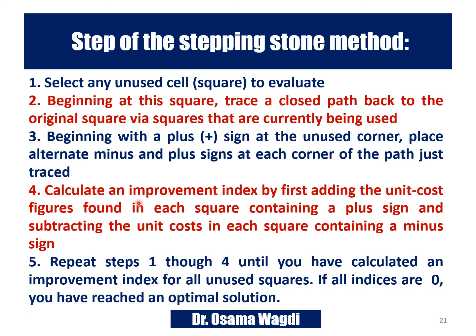Calculate an improvement index by first adding the unit cost figures found in each square containing a plus sign and subtracting the unit costs in each square containing a minus sign. Repeat step 1 through 4 until you have calculated an improvement index for all unused squares. If all indices are 0, you have reached an optimal solution.